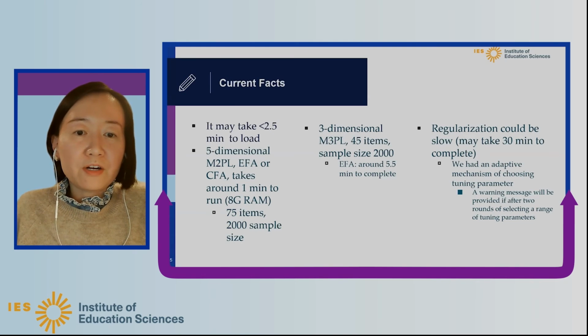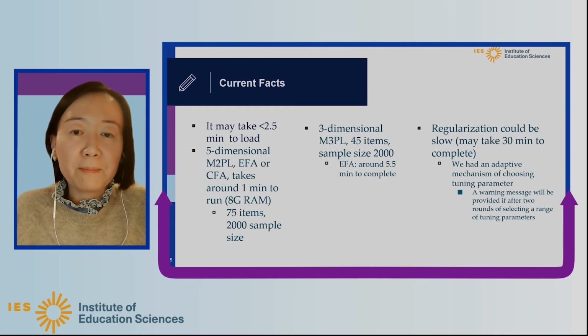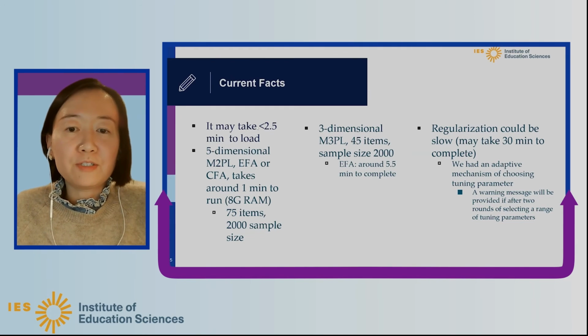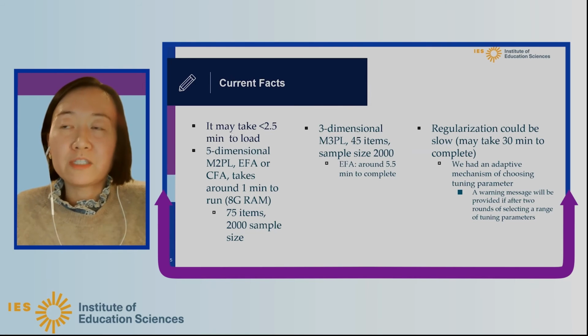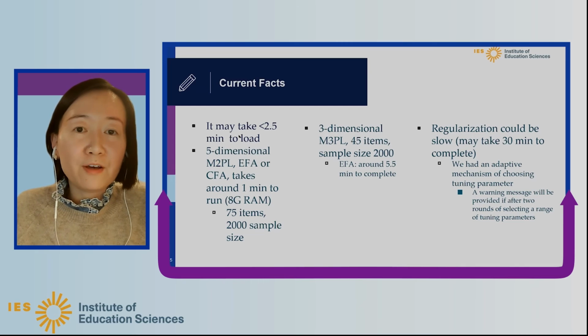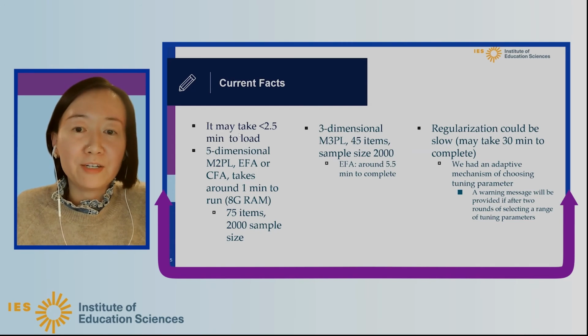And here are the current facts of the vMERT app. It may take a little while to load, and that has nothing to do with the algorithm per se, but depends solely on the R Shiny environment. Even though we've purchased the advanced package from the Shiny web page, it still only gives us 8 GB of RAM.